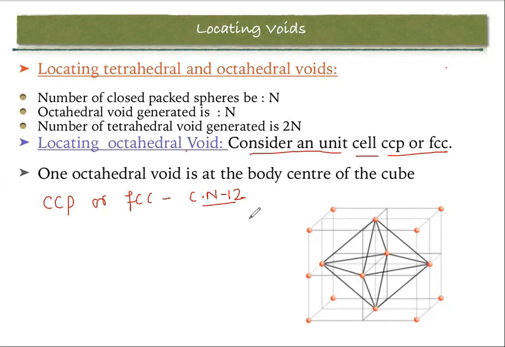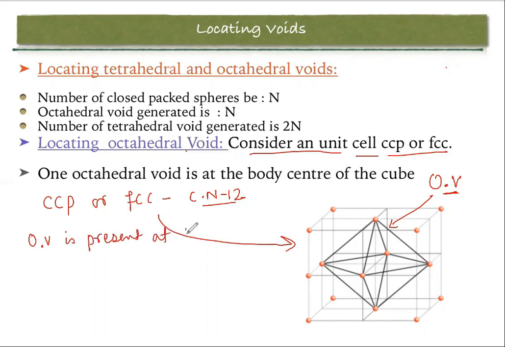This is the arrangement of CCP, that is cubical close packing, or FCC, face-centered cubic. So this is an octahedral void. One of the octahedral voids is present at the body center. So it is present at the center.